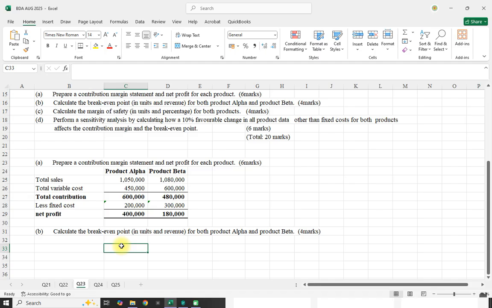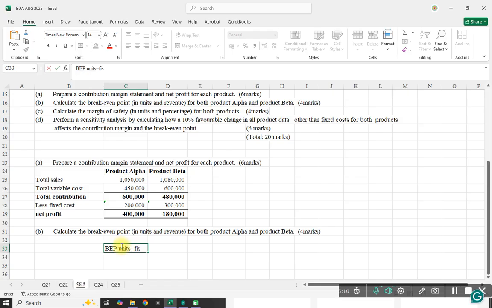So remember, we said the BEP in units is equal to fixed cost over contribution margin per unit, and BEP in shillings is equal to fixed cost over contribution margin ratio.